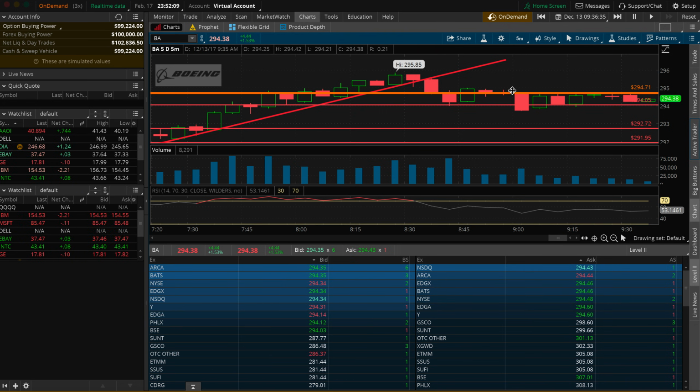Lots of consolidation in this area. This is good support, good resistance. This is strong resistance right here. Let's see what it's going to do.